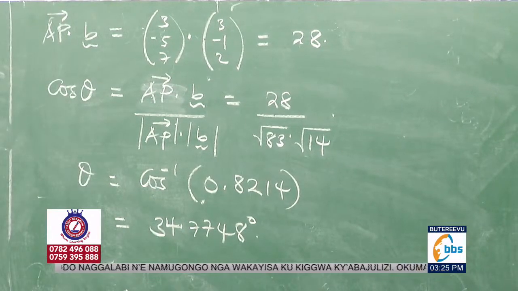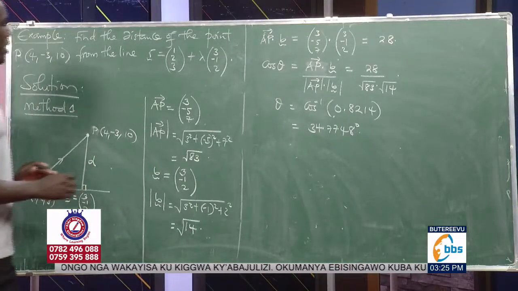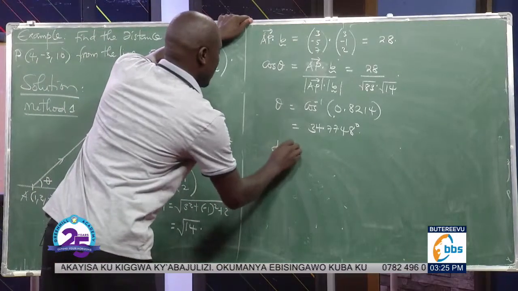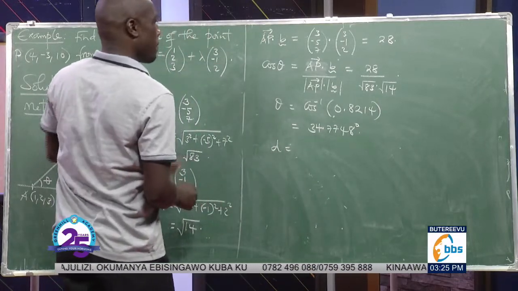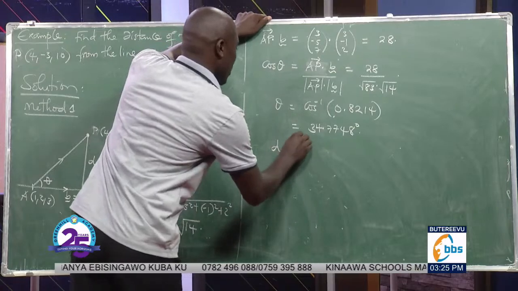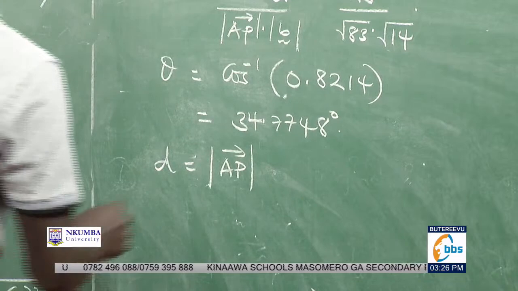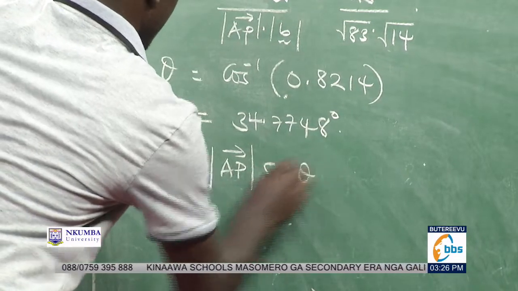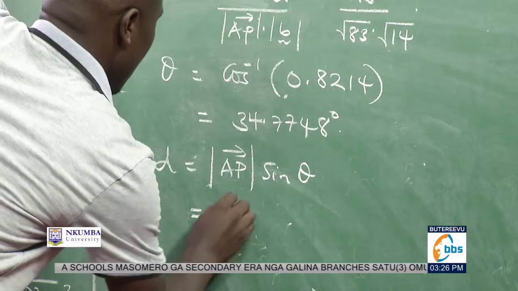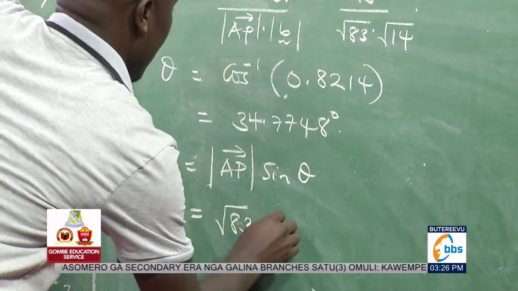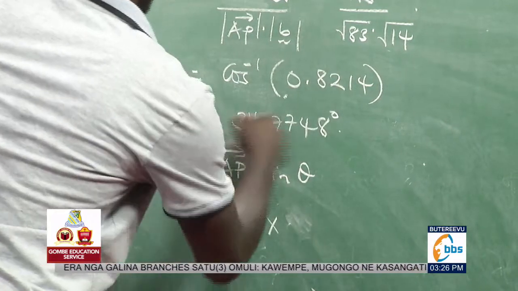Okay, so from there, if this is our distance, we can name it D. D is equal to magnitude of AP times the sine of theta, which is root 83 times the sine of that angle.